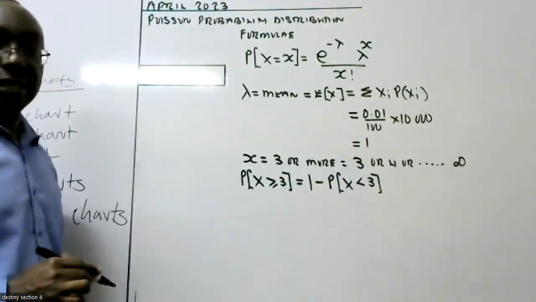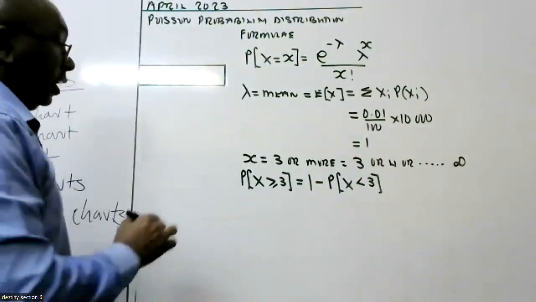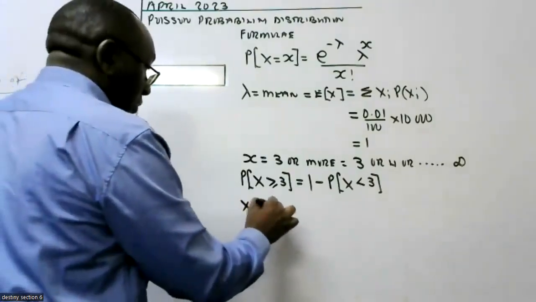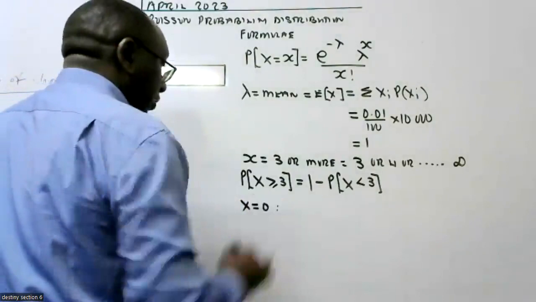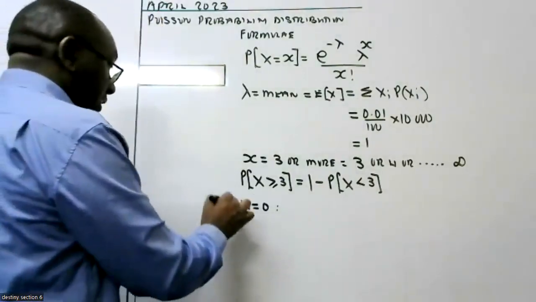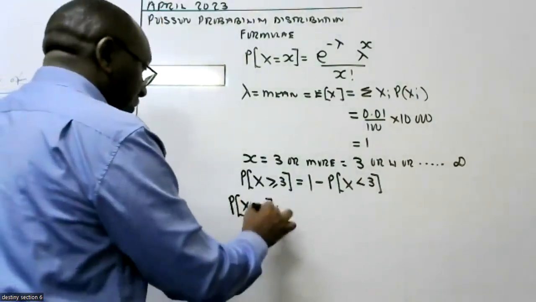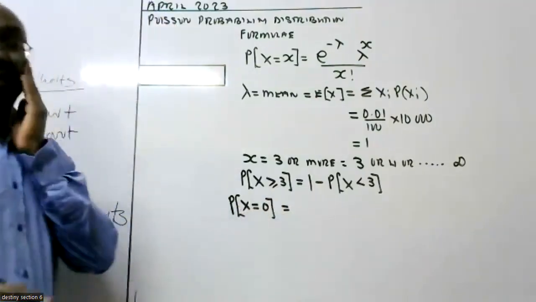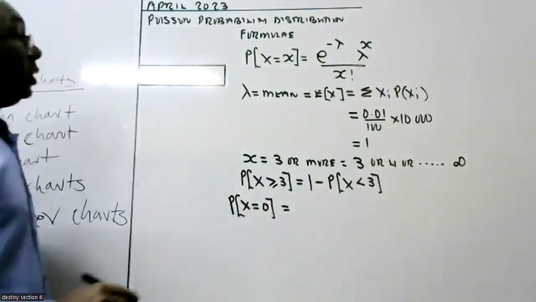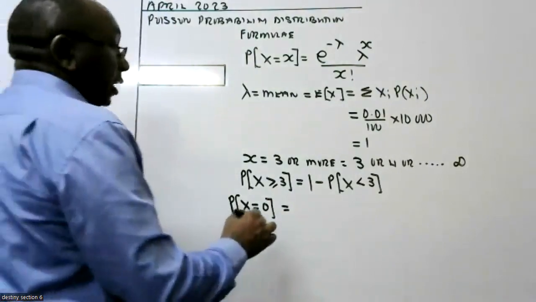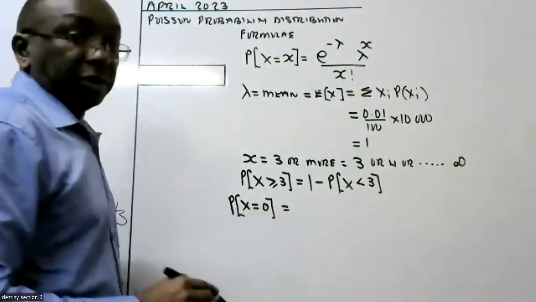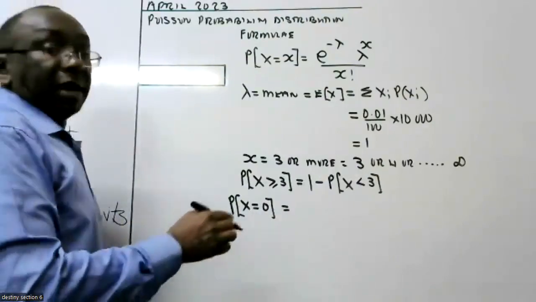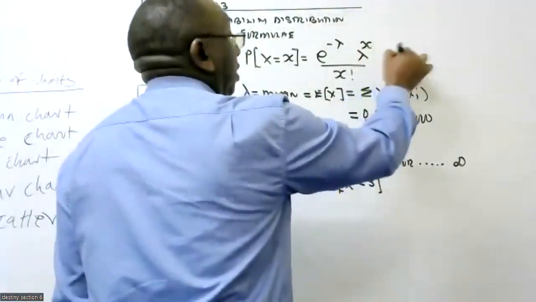So in this case, when X is 0, we start with probability that X is 0. We get e. Remember, e is always 2.7182, or you can get it from the calc.